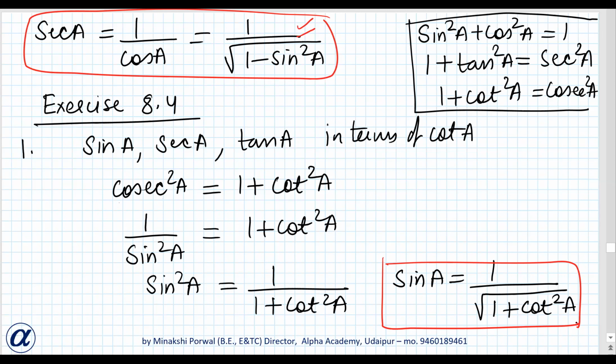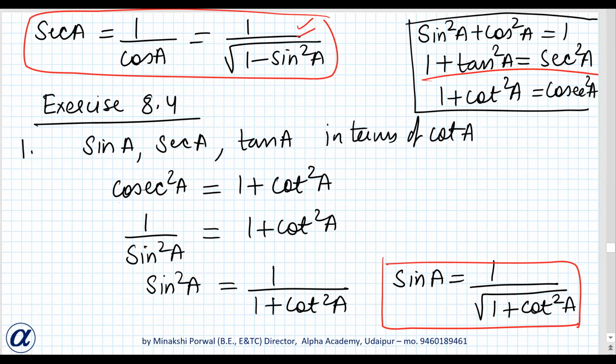Then we have to write sec in terms of cot. Now here, if we look for sec in the identities, we will get this second identity. Sec in terms of cot, so can we convert tan into cot?